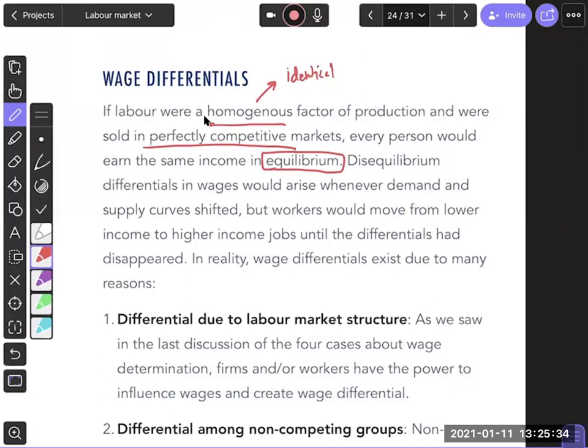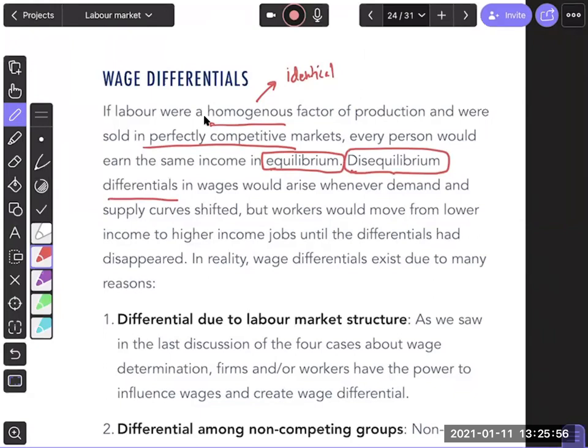The only time there's a wage differential under perfect competition is if the market is not in equilibrium. In other words, in perfect competition there is what we call a disequilibrium differential, where people are paid differently because the market has not come to an equilibrium.